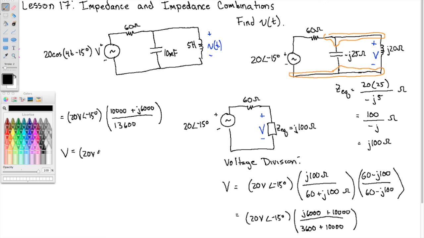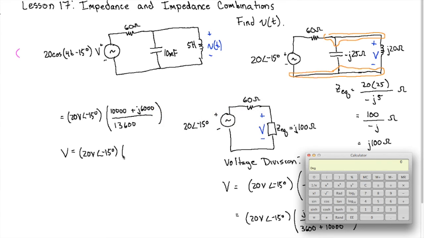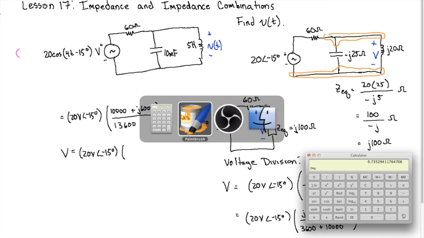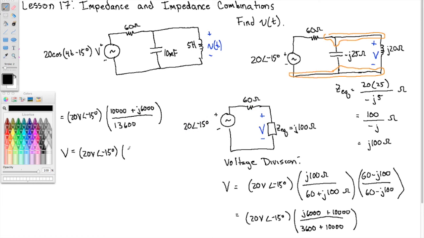I don't normally like to show the math calculations in these examples, but since we're reviewing complex numbers, let's do it. So we'll do 10,000 divided by 13,600. That's 0.735.